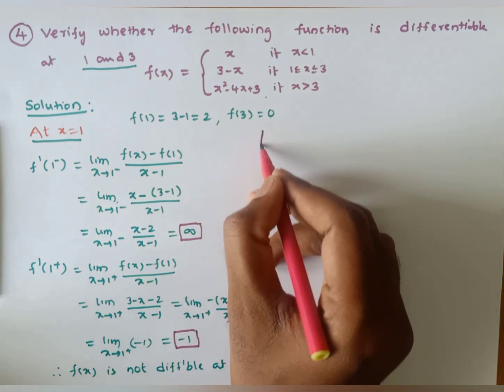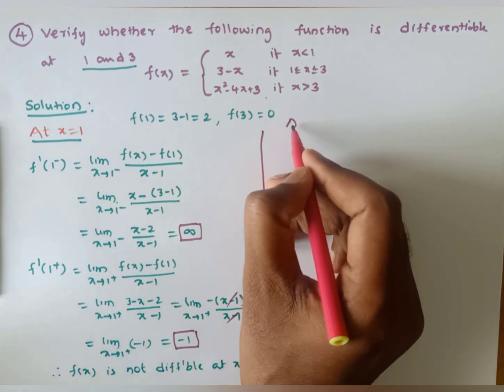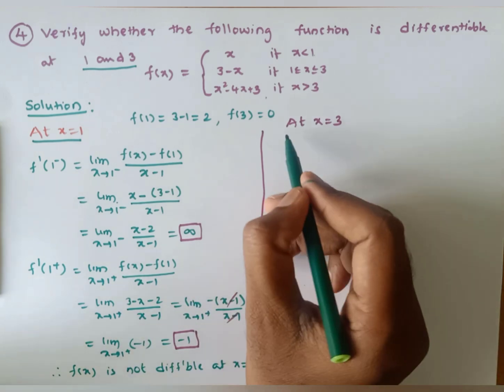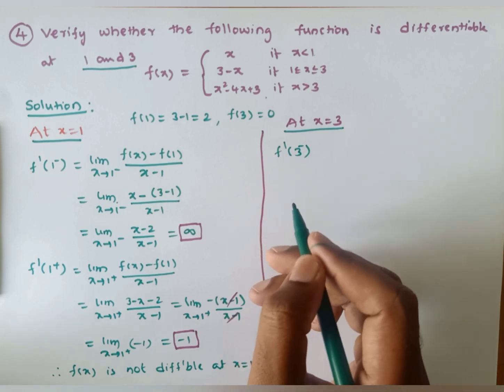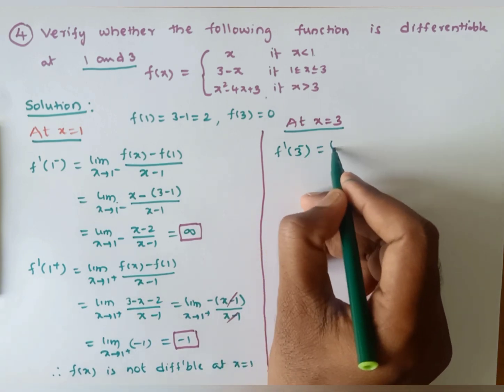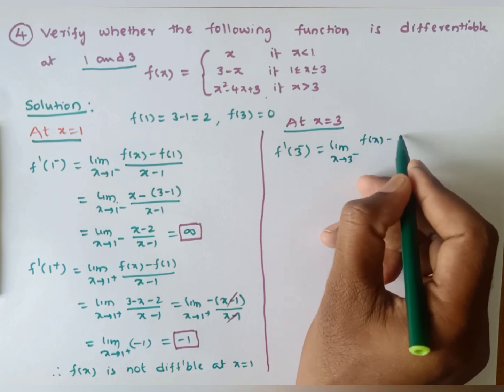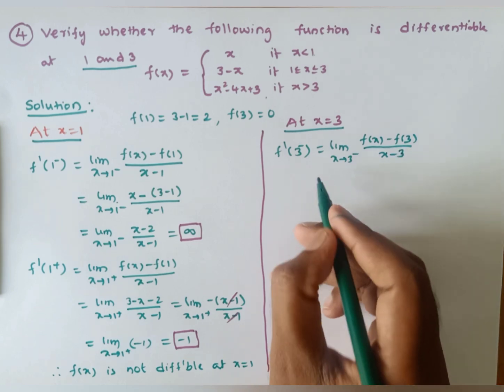And similarly you can evaluate the derivative for this at 3. So let's find at x equal to 3 also. At x equal to 3, you need to find the derivative at 3 from the left hand side, that is limit x tends to 3 minus f of x minus f of 3 by x minus 3.